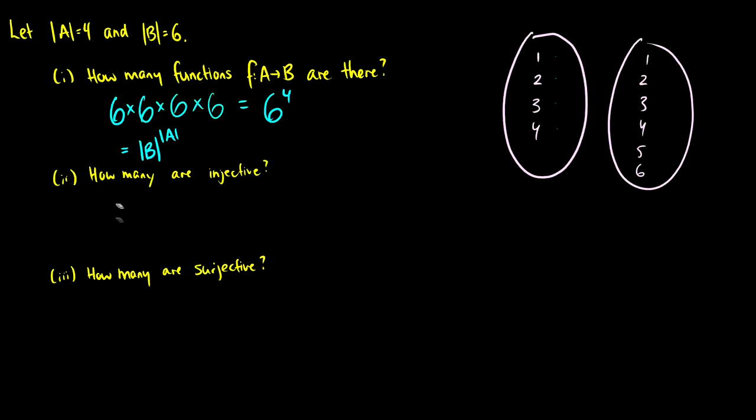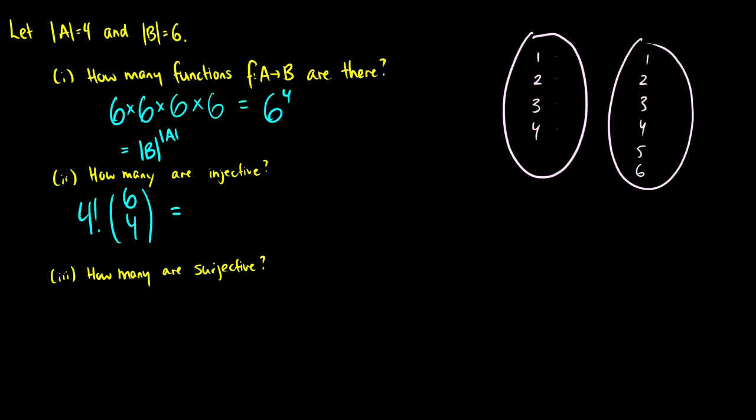So it's 6 choose 4 that we have to map to. But we also have 4 factorial ways that we can arrange our mappings. So first we order the 4, and then we choose 4 that these map to. So our end result is going to be 4 factorial times 6 choose 4.